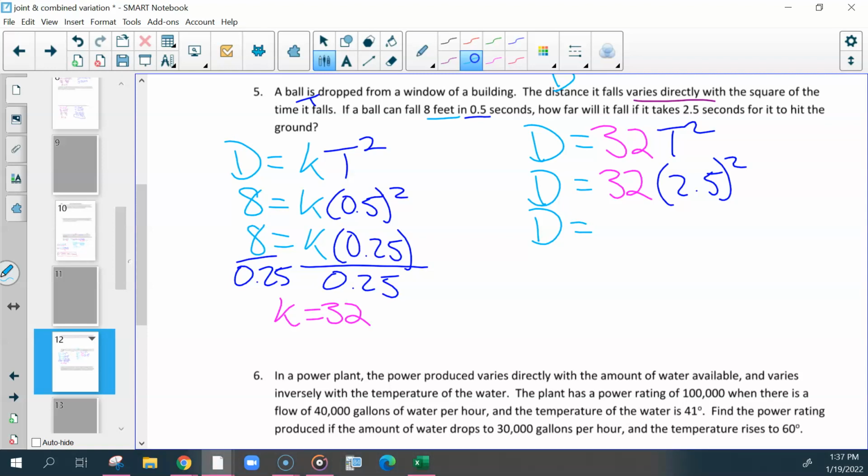And then our units here would be feet. I realize that this wasn't the one I wanted to do, but that's okay.